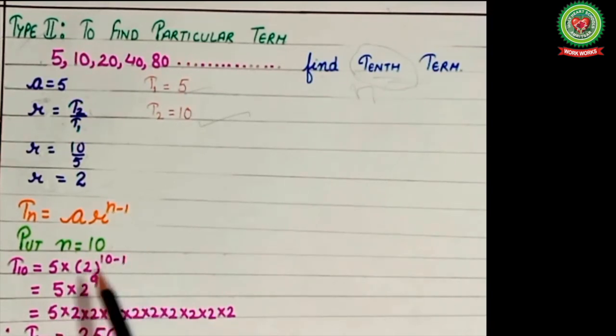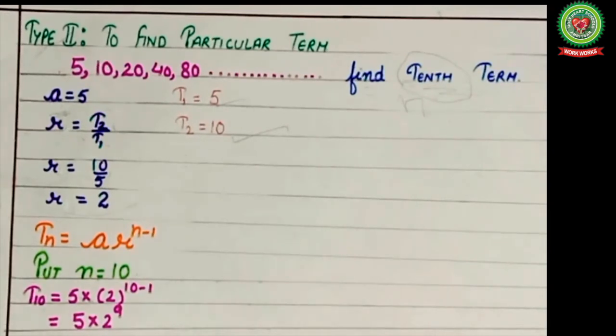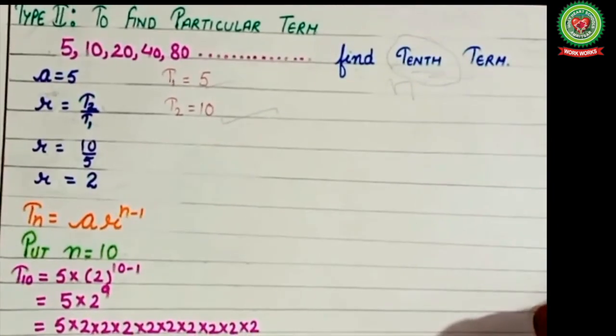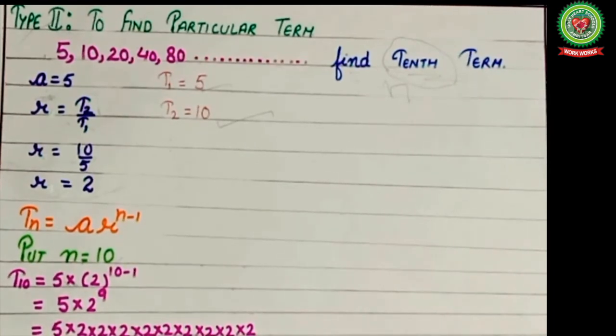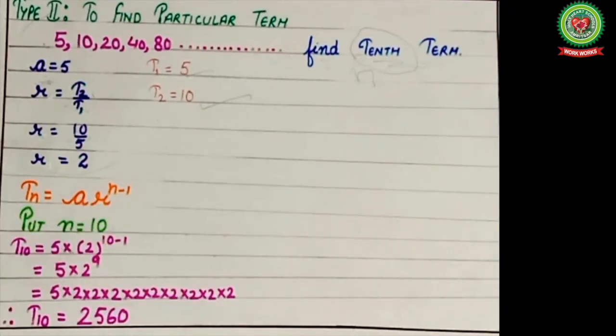So after subtraction we will get 2 raised to power 9. Multiply 2 nine times by itself. The answer is 512. Then we will multiply it by 5. Then the answer is 2560. Therefore, the 10th term is equal to 2560.